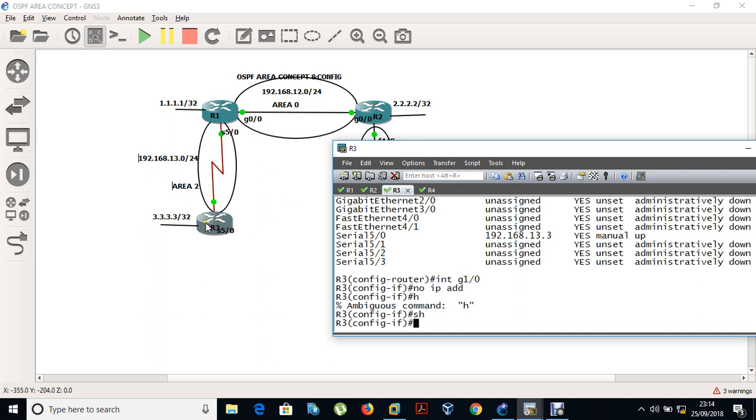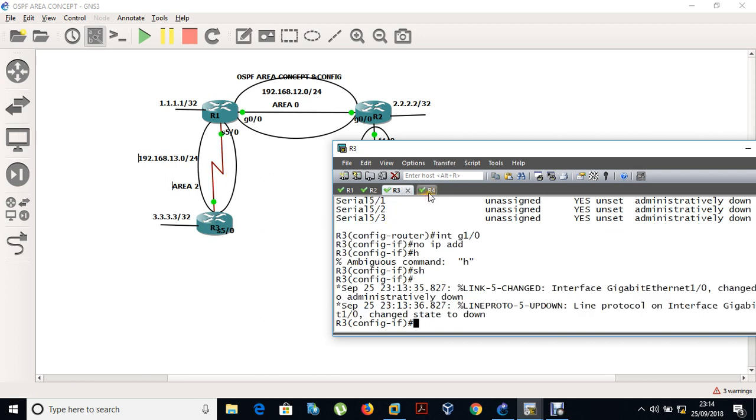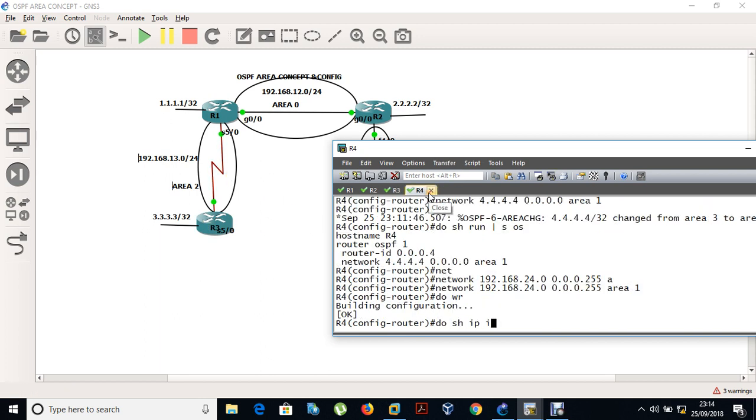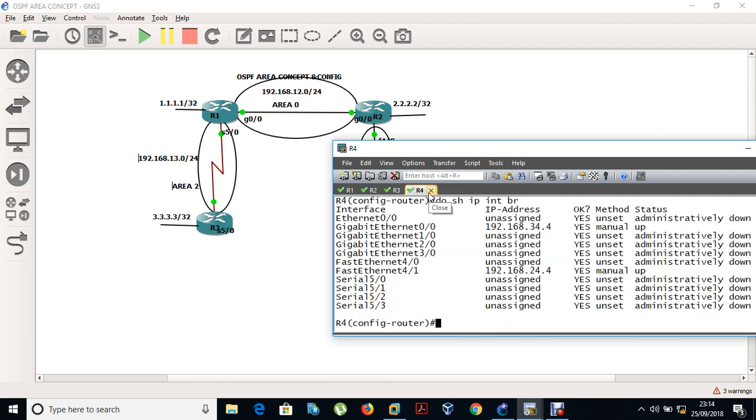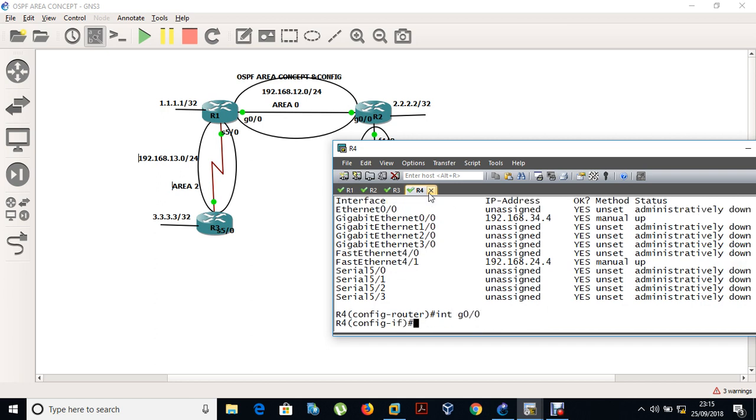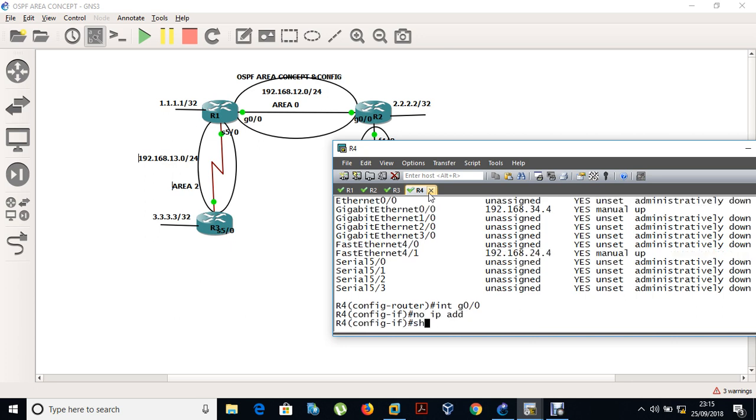That's the gig that was here. And then let me go R4. Do show IP interface brief, 34 interface gig 0/0, no IP address. That's how you take off the IP address and then shut down.